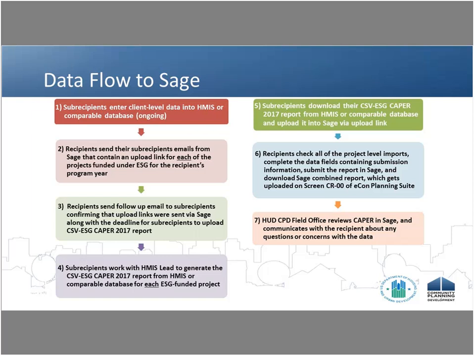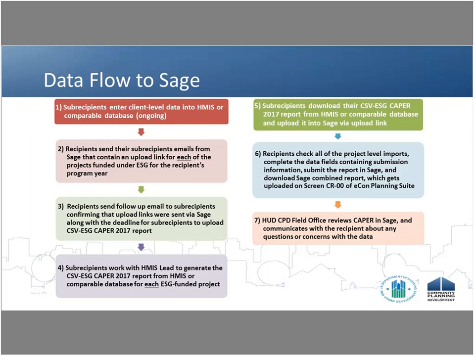We are encouraging you in step 3 to send a follow-up email to subrecipients to confirm that the upload links were sent via Sage. So basically to tell your subrecipients you should have gotten an email from Sage, along with the deadline for subrecipients to upload the CSV ESG CAPER report. We know that as recipients, you all have varied processes for the way you want your subrecipients to report your information.